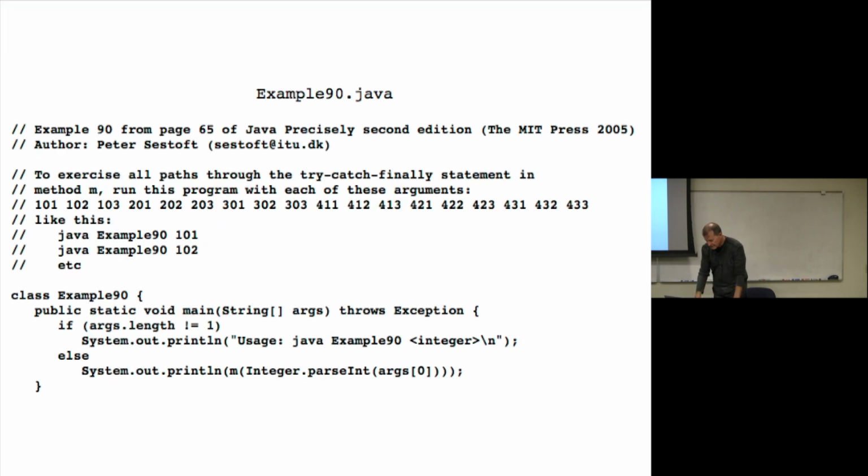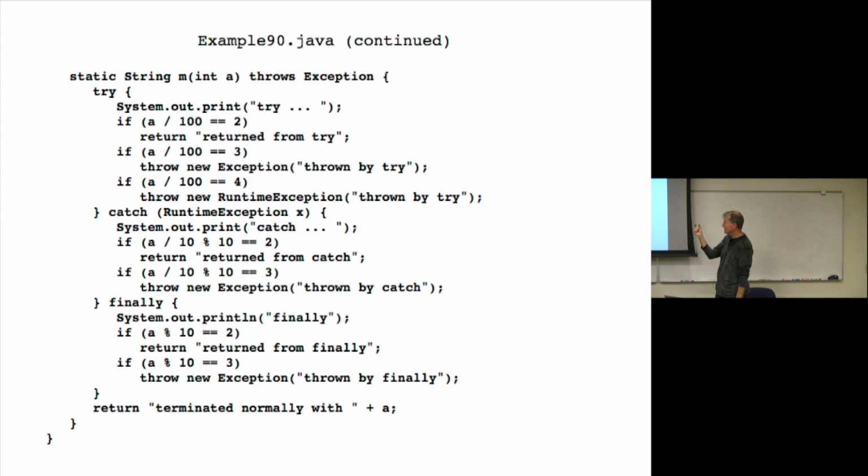And we looked at this example 90 code. We looked at this method M, and remember what our author has done is very clever. We give it a 3-digit number. You can extract the first digit by dividing it by 100. You can extract the second digit by dividing by 10 and then modding that by 10.